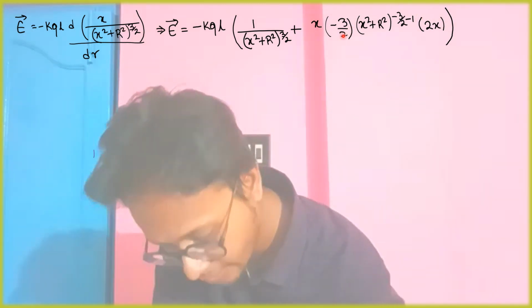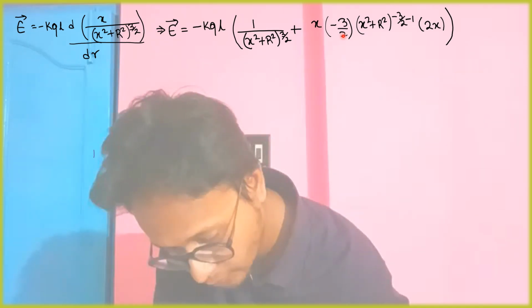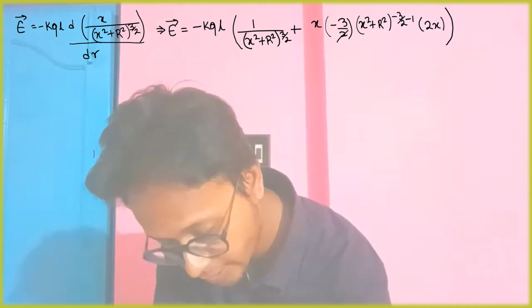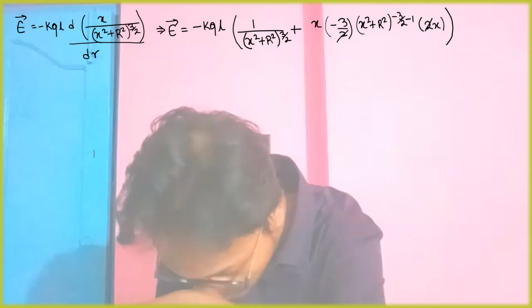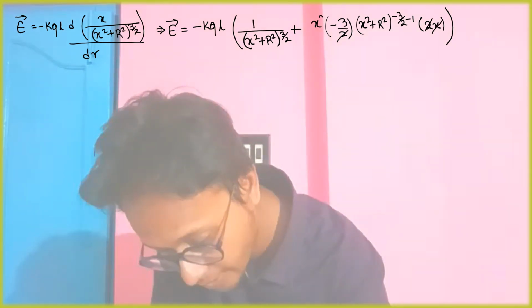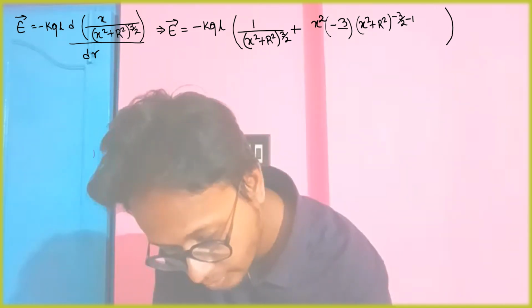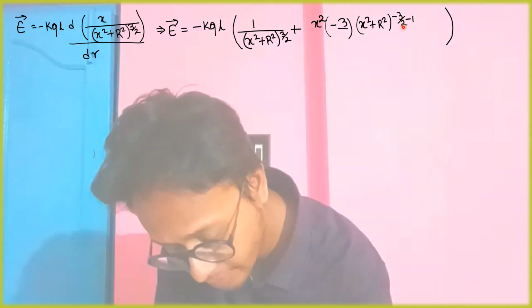Okay, now see out here, these two will get cancelled. x and x would become x square. So minus 3 by 2, minus 3 by 2 minus 1 is nothing but minus 5 by 2.